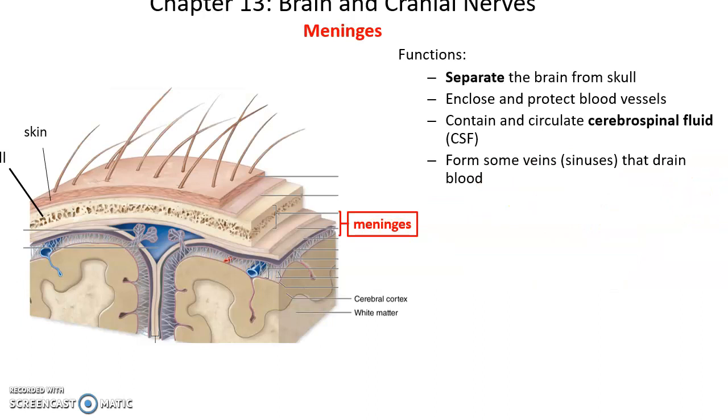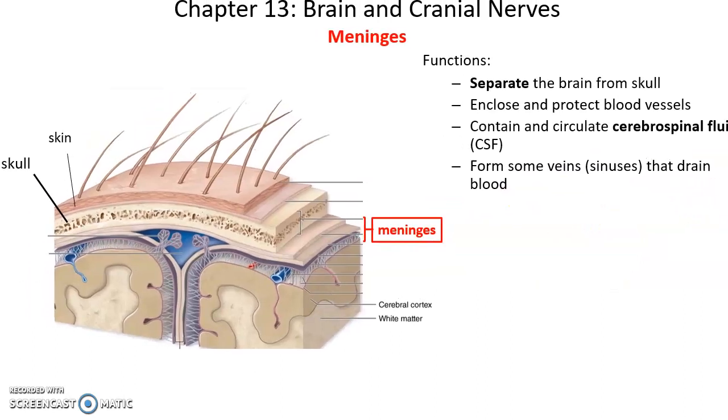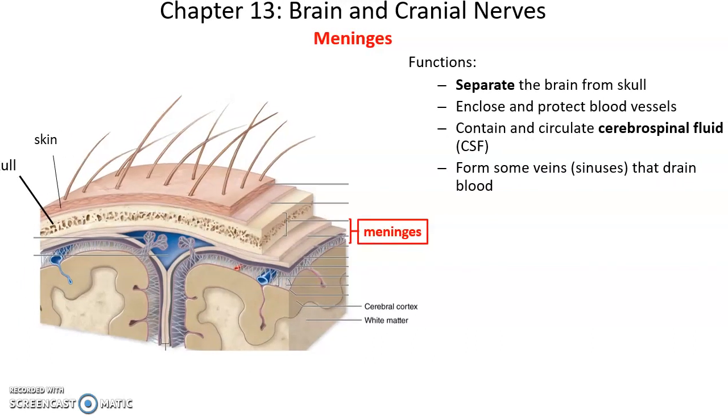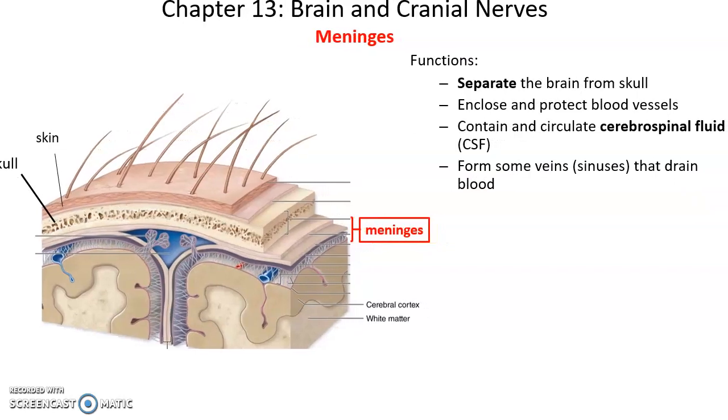All right, moving on to structures associated with the brain, we have the meninges. The meninges are separate structures separating the brain from the bone of the skull. This is important because if the brain is soft, resting against the skull could lead to injury. The meninges also help to enclose and protect blood vessels that run along the surface of the cerebrum or brain.